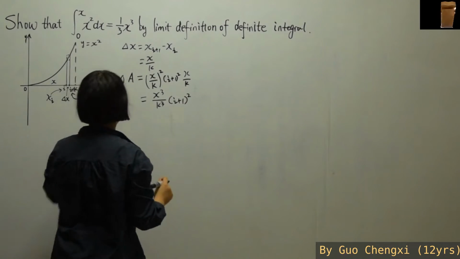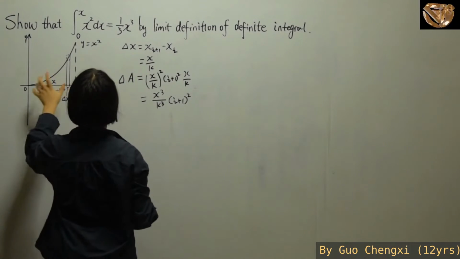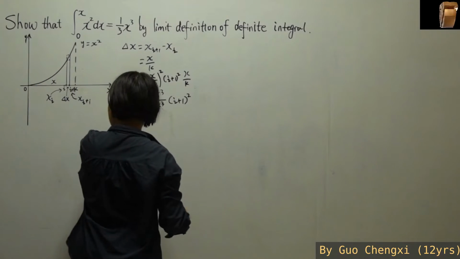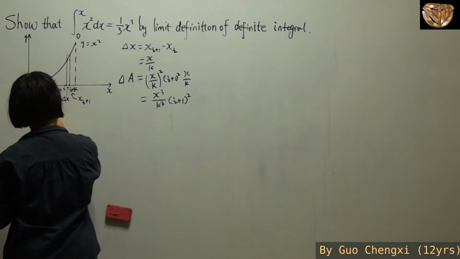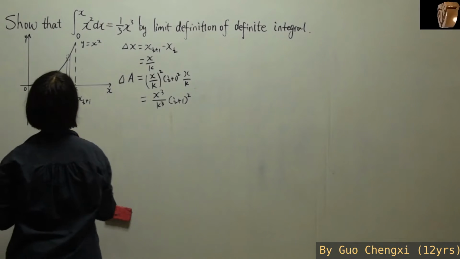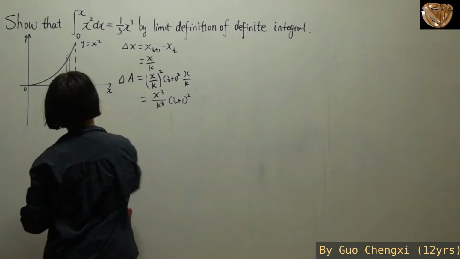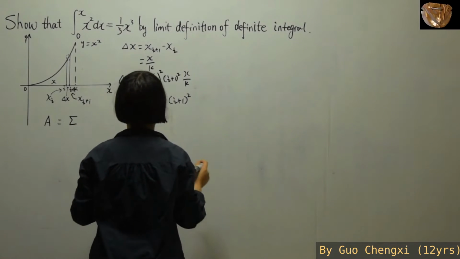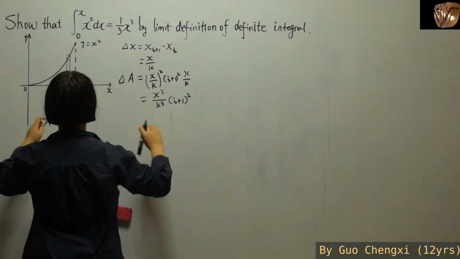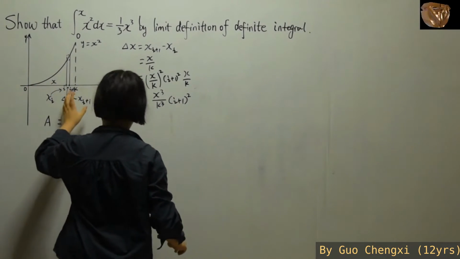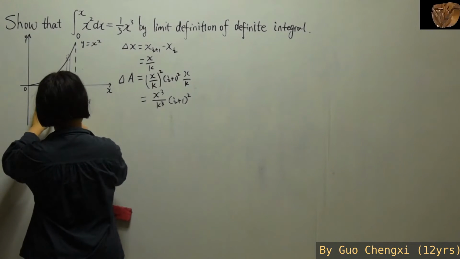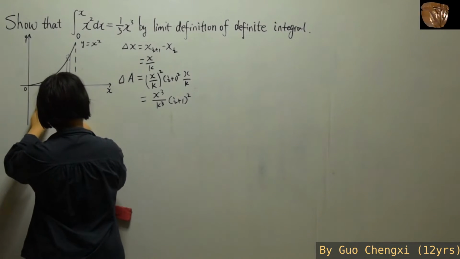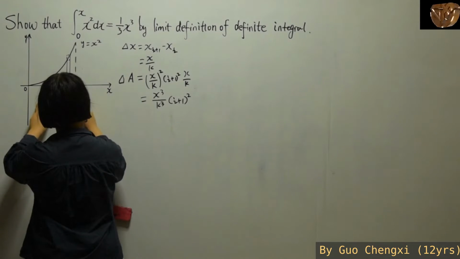Now that you have gotten this, how are you supposed to find the total area? What we're going to do is use sigma notation, and this i has a range, right? This i can be anything from 0 to k.